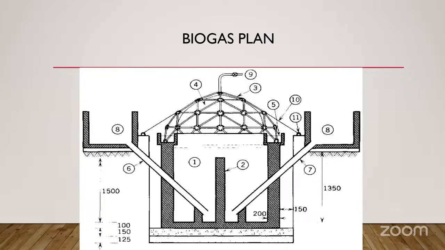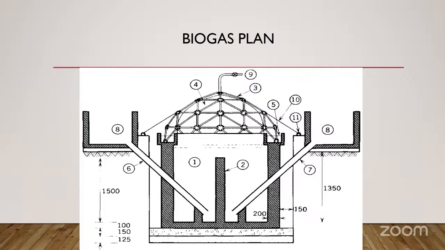So the first chamber is the chamber for fermentation. The second chamber is the chamber for gas storage. And we have a cover to make sure that no oxygen is going in. So the system will work perfectly because it's an anaerobic system, which will be able to produce bacteria which are going to transform this waste.